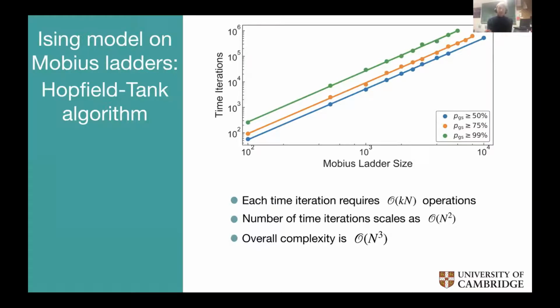What it means for us is that each time iteration of the Hopfield-Tank algorithm takes linear time. It has linear complexity because it is governed by the sparse matrix-vector product. And since the number of time iterations scales quadratically, the overall complexity of optimizing the Ising model on the Mobius ladders scales cubically. And so this problem cannot be regarded as a hard one to solve.